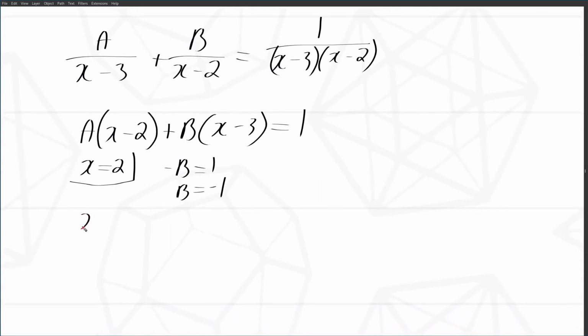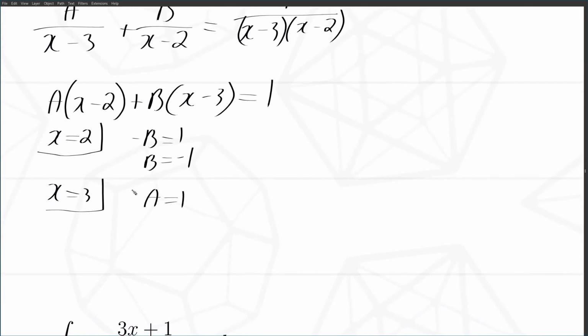And for the next case, where x is equal to 3, we get a is equal to 1, since this would be b times 0 and 3 minus 2 is 1 here. Okay, so now that we have our values, we can rewrite the original integral.